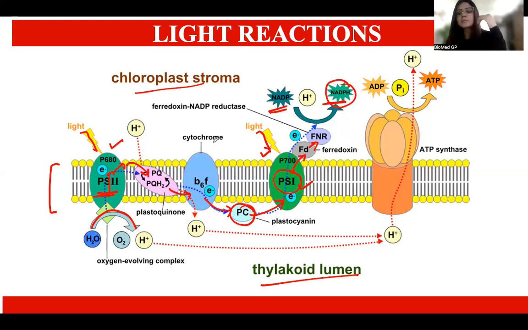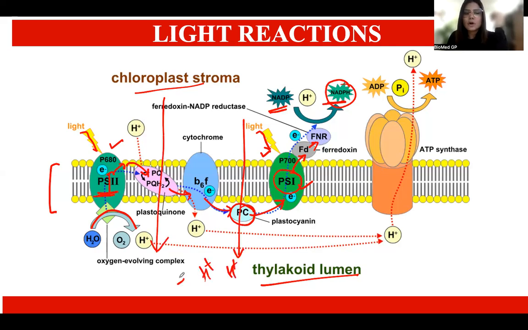And when the electron transport is happening, there is an influx of hydrogen ions from the stroma to the lumen. Subsequently, there is an increased concentration of hydrogen ions inside the thylakoid, which leads to a disruption of the equilibrium. To gain back the equilibrium, these hydrogen ions have to go back to the stroma. How do they do that?